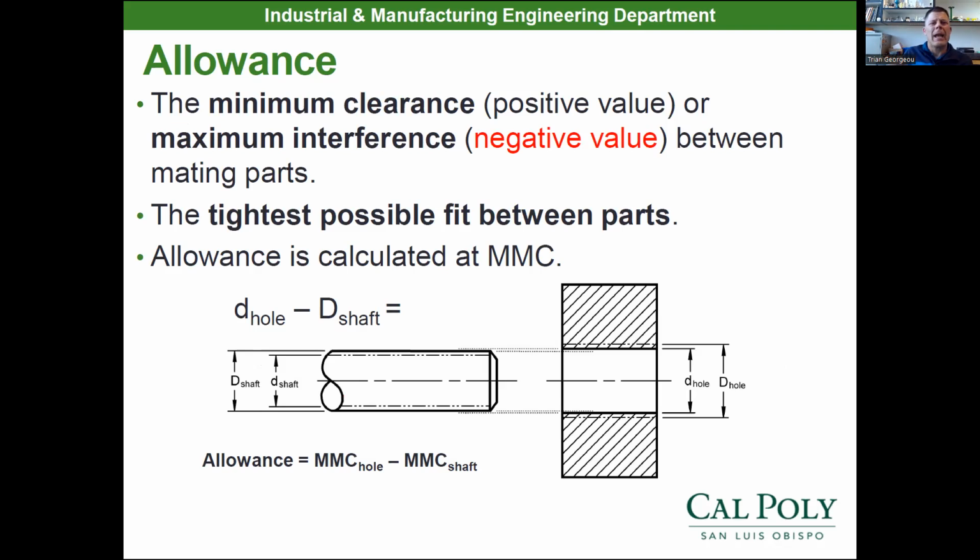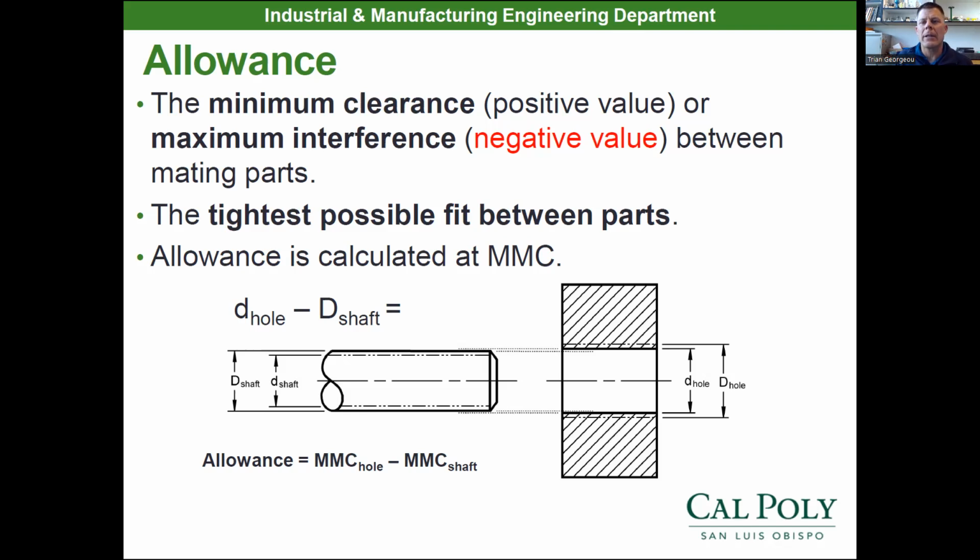So when I calculate the tightest possible fit between parts, I do that at the maximum material condition for the features that are fitting together. That's known as the allowance value. So the allowance is the minimum amount of clearance if you get a positive value from the equation, or a maximum amount of interference if you get a negative value from the equation between the mating parts.